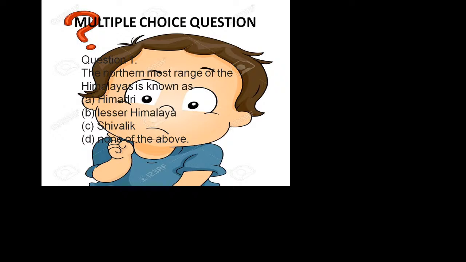The northernmost range of the Himalayas is known as option A, Himadri, option B, Lesser Himalaya, option C, Shivalik, and option D, none of the above. So what's your answer, children? Okay, Prithvi has given the answer very fast. Good, Prithvi. Other children?